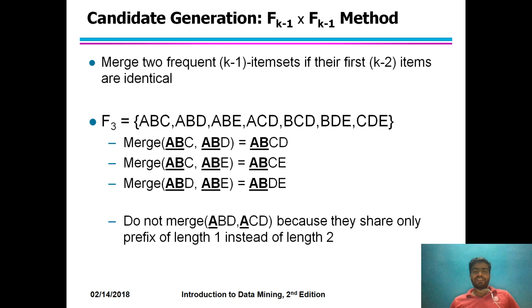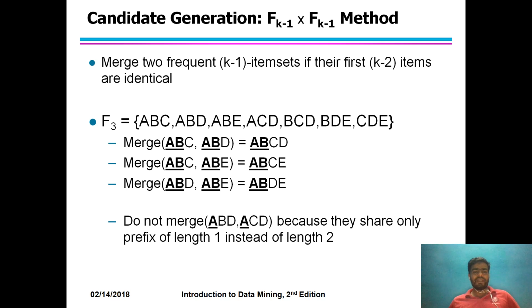So now candidate generation, the F k minus 1 times F k minus 1 method. How do we merge two frequent k minus 1 item sets? If their first k minus 2 items are identical. So F3 as an example is ABC, ABD, ABE, ACD, BCD, BDE, CDE.